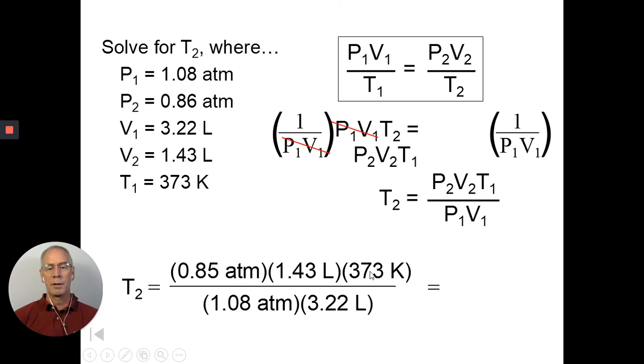I'm going to go ahead and put all the numbers in because I don't like all those naked numbers on my sheet of paper. Notice atmospheres cancels, liters cancels, and you're left with Kelvin. So if you take 0.85 times 1.43 times 373, divide by 1.08, divide by 3.22, you get 130. And again, all the units, atmosphere and liter, cancel. The only unit we have left is Kelvin, and that would be your answer.